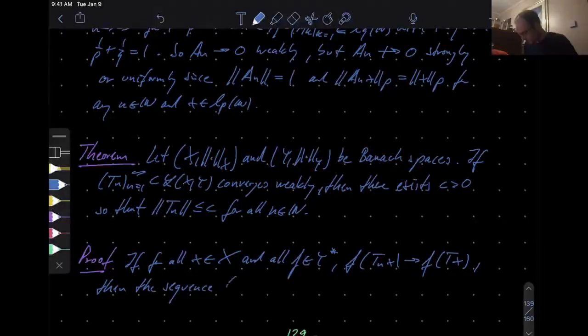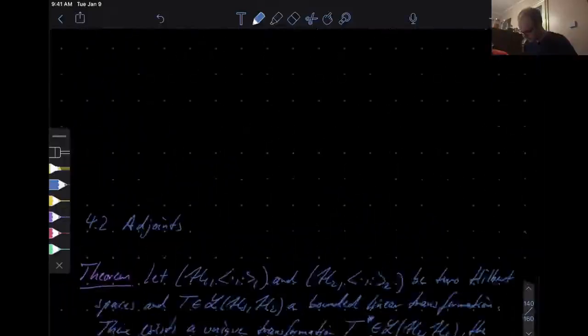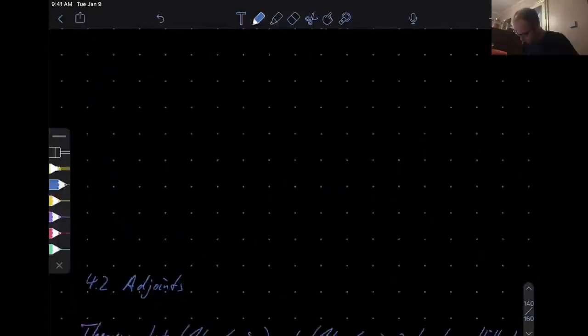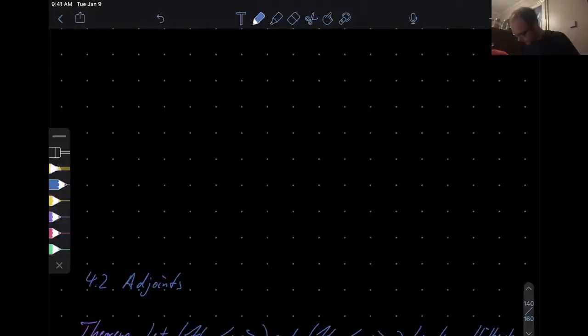Then the sequence Tn of x, n from 1 to infinity, converges weakly to T of x. Remember, we wrote this in symbols as Tn of x with this half arrow to T of x as n tends to infinity.